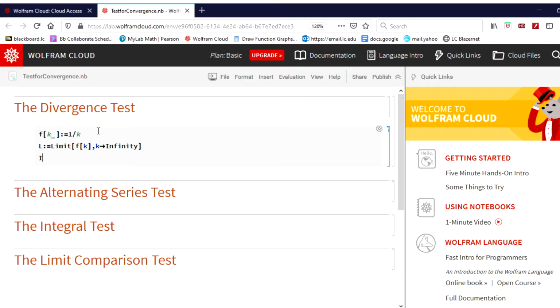And what we're going to use here to make some judgments on the value of L is an if-then statement, right? The way that if-thens work is you're going to have an if operator applied to, first of all, what would be the conditions in order to be true, followed by what would be the result if we have a true statement, followed by what would be the result if we have a false statement.